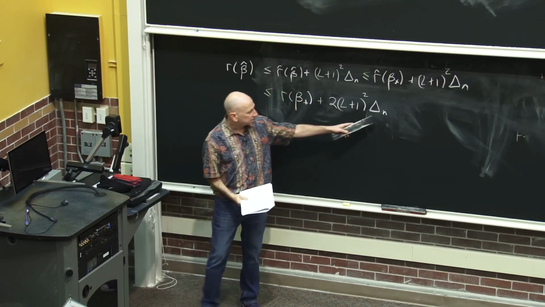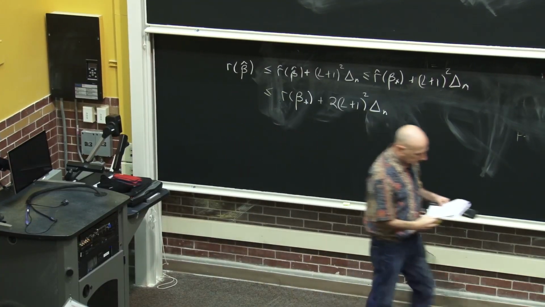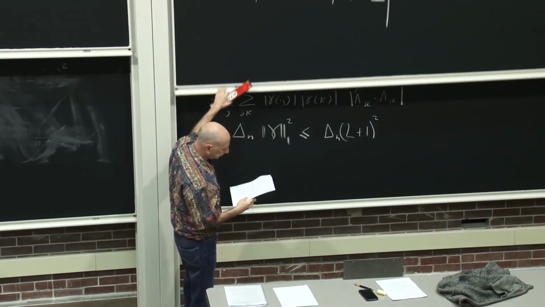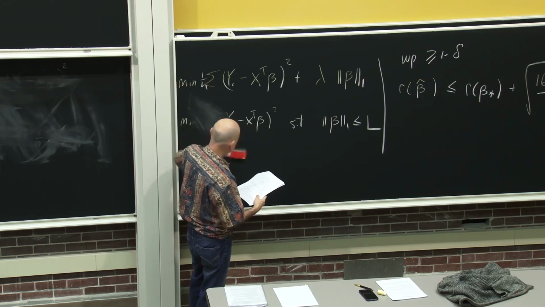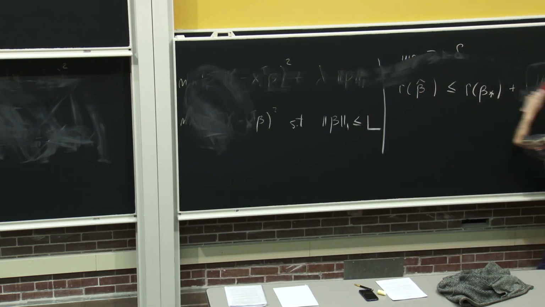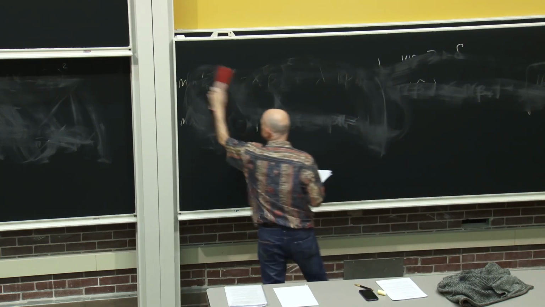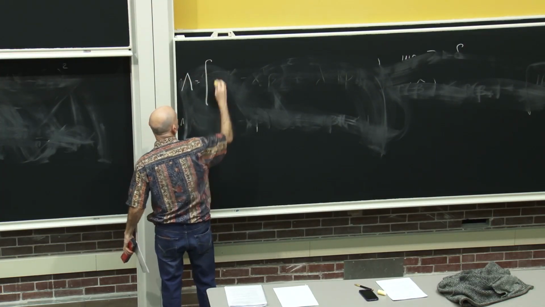The last thing I need to do is bound this. How big is that? Then we're done. What is that quantity? Let's just think about what this is. Lambda is some big matrix.